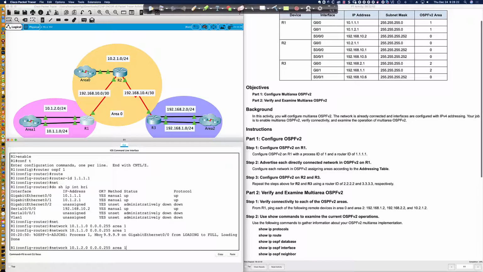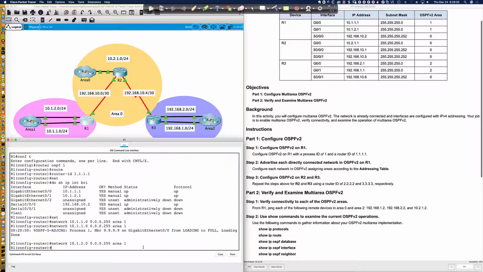And you'll notice that we have a neighbor over there. And we can see that neighbor, and we can probably guess that it might be router 9 based off that router ID. So we'll put that interface in area 1.